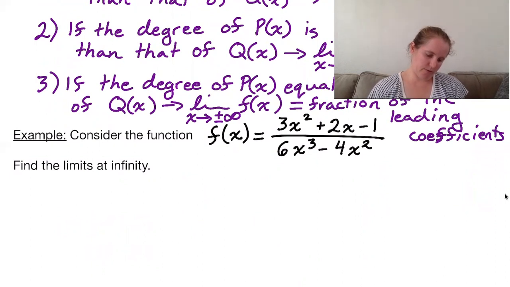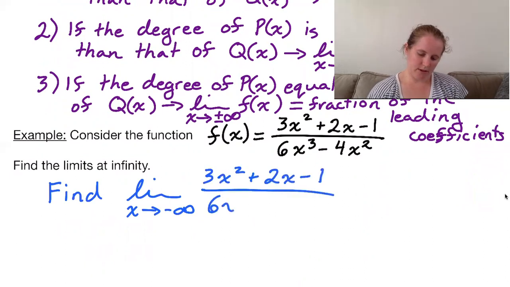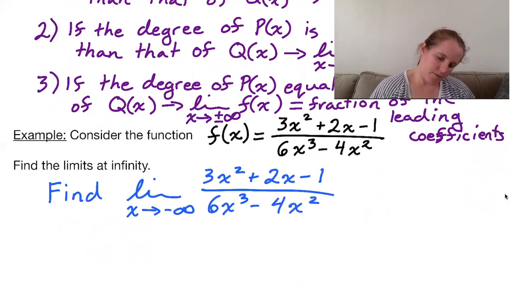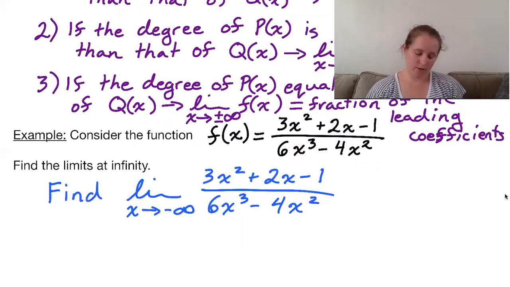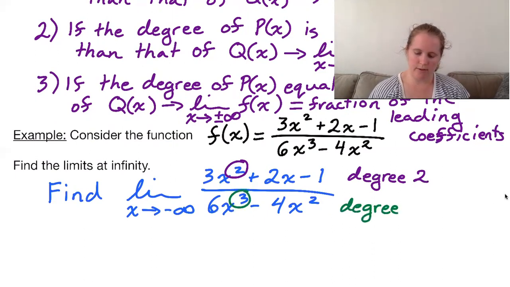So if we want to find the limit as x goes to negative infinity of 3x squared plus 2x minus 1 over 6x cubed minus 4x squared, the highest power on top is degree 2, versus on the bottom, degree 3.